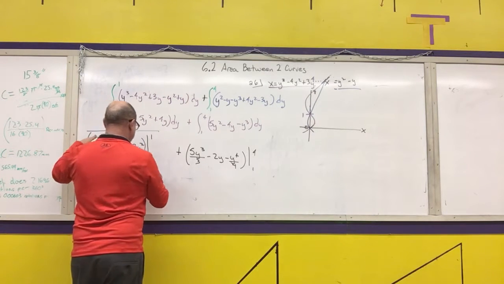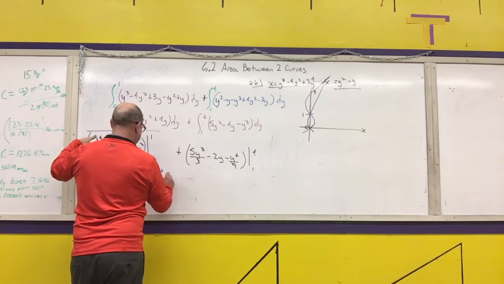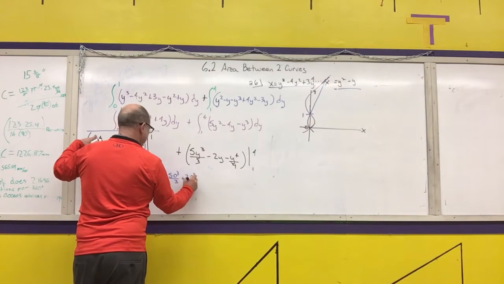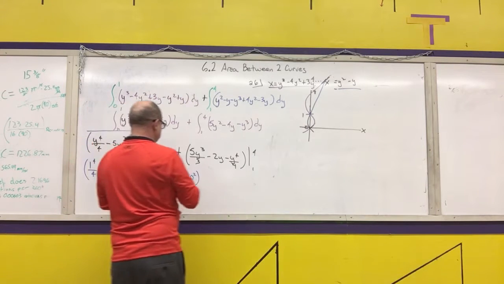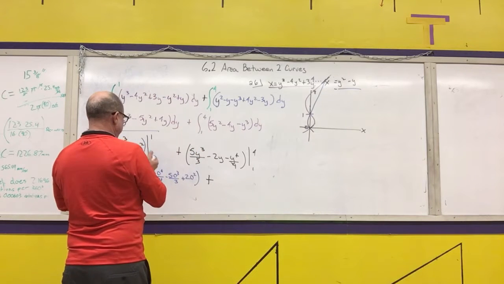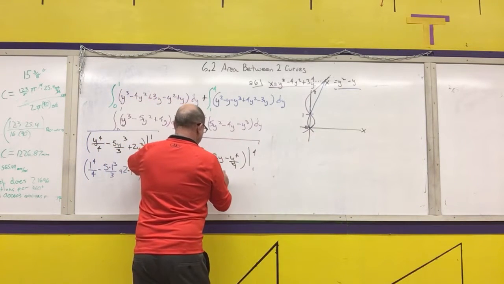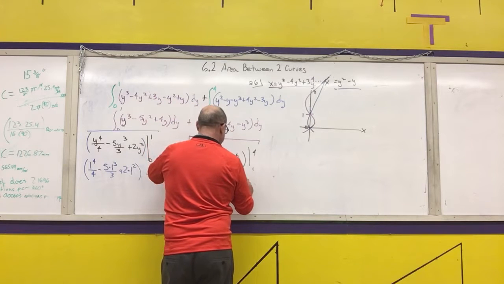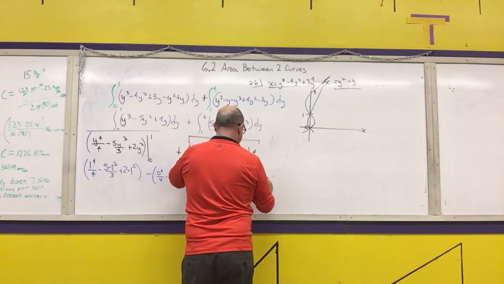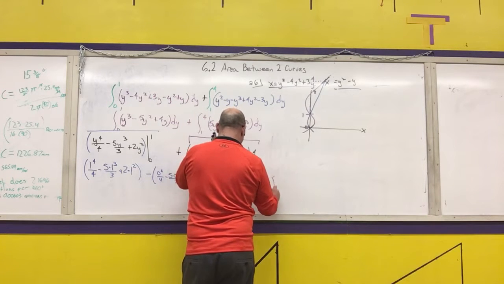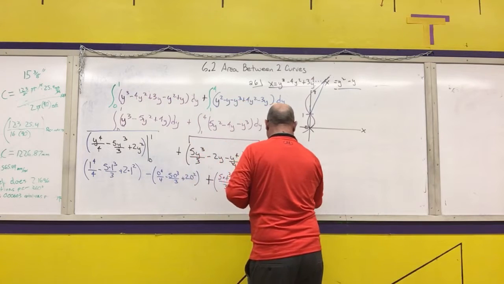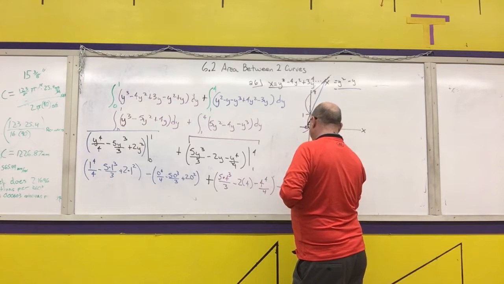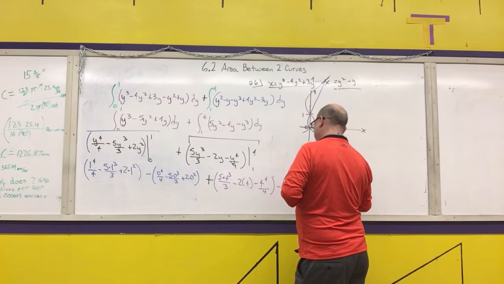Put a 0 in. 0 to the 4th over 4 minus 5 times 0 cubed over 3 plus 2 times 0 squared, plus everything in purple will be this group. 5 times 4 cubed over 3 minus 2 times 4 squared minus 4 to the 4th over 4, minus, putting a 1 in, 5 times 1 cubed over 3 minus 2 times 1 squared minus 1 to the 4th over 4.